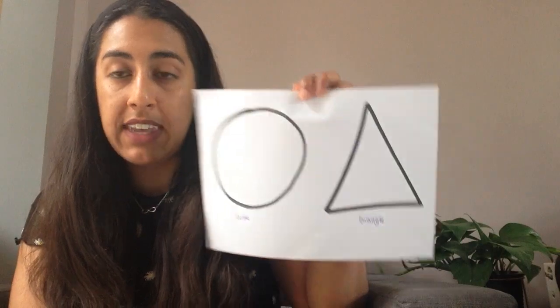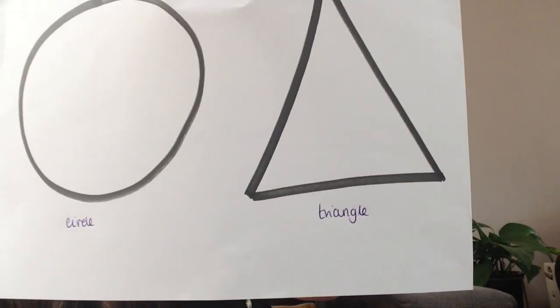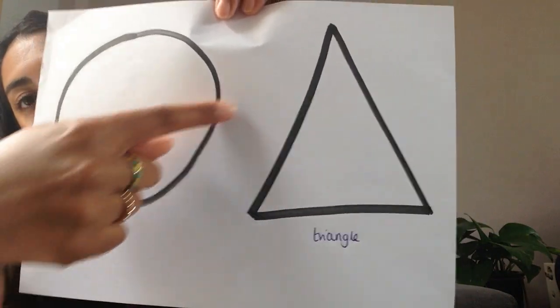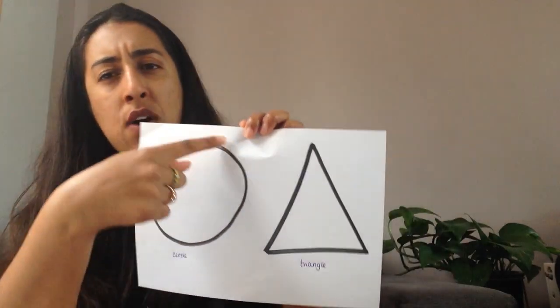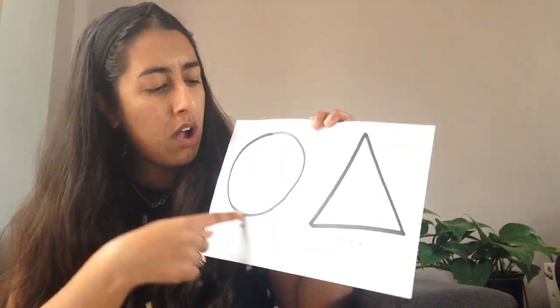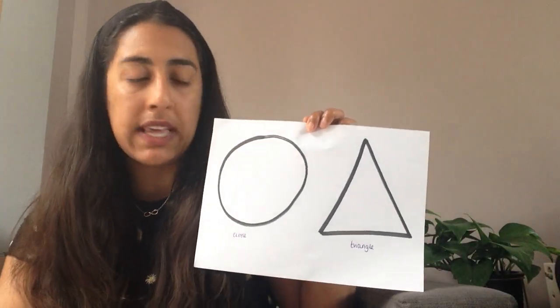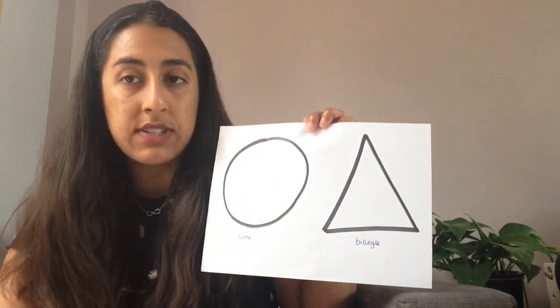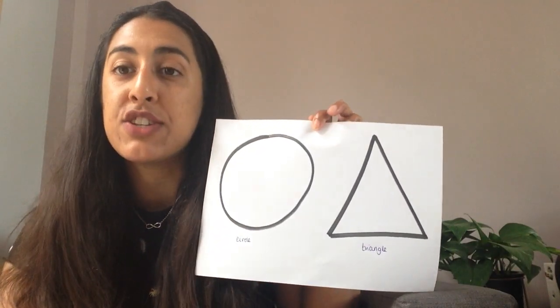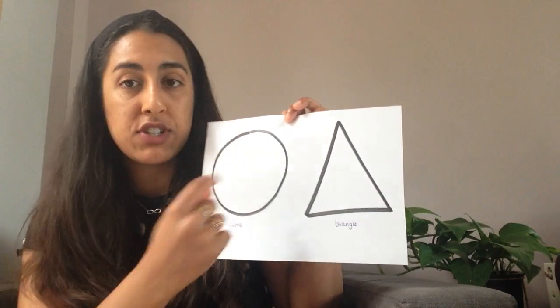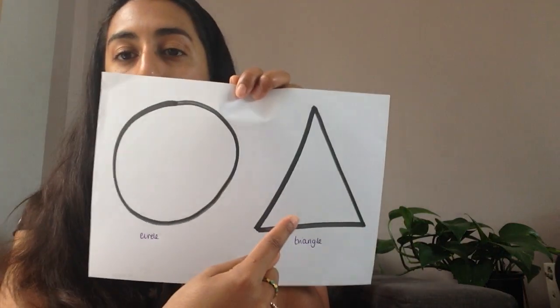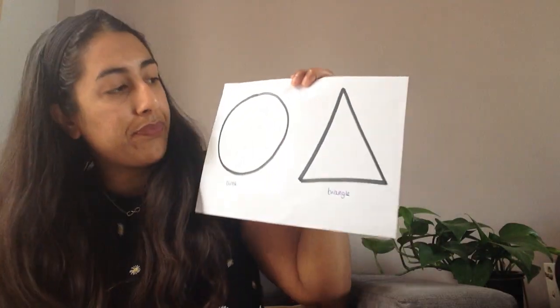What shapes do I have here? What's this one? It's nice and round. So what's that shape called when it's round and only has one side? It's a circle. Fantastic. So we've got a circle, and what's the other one here? What's this one?